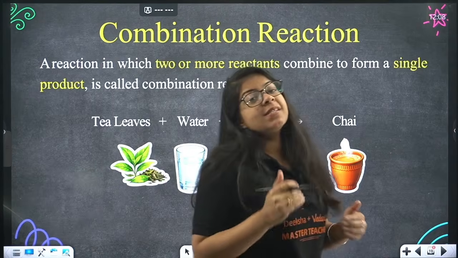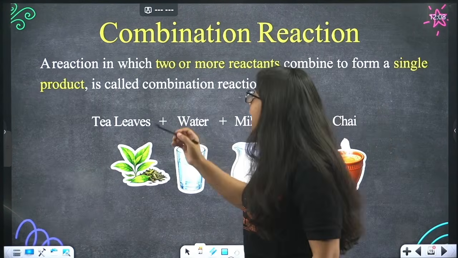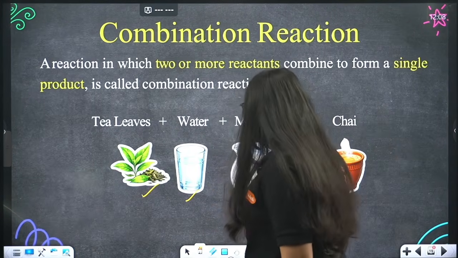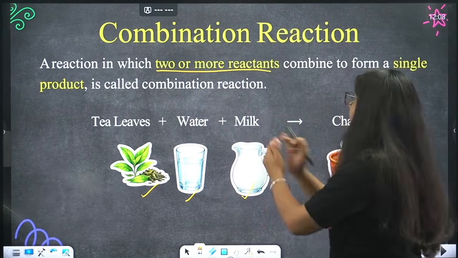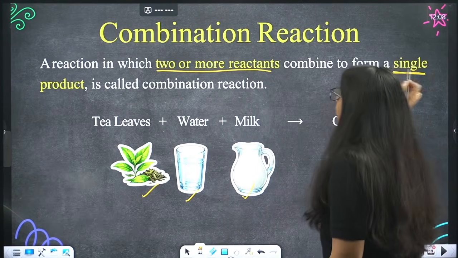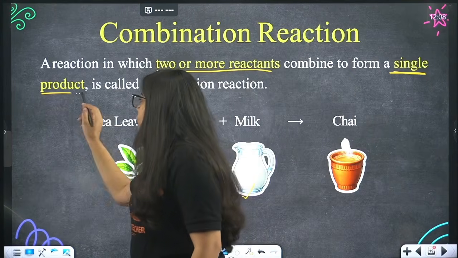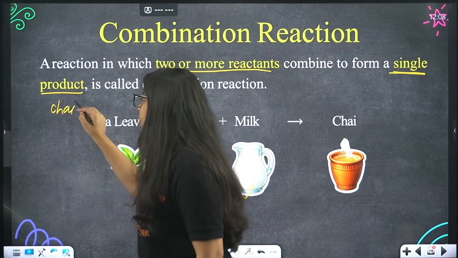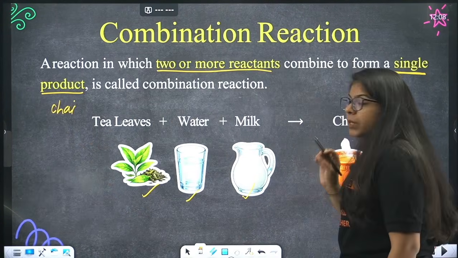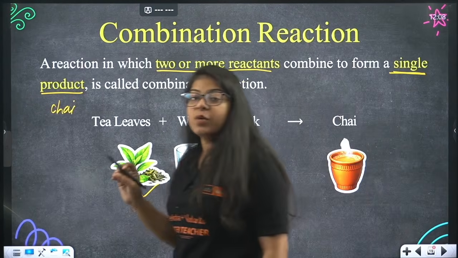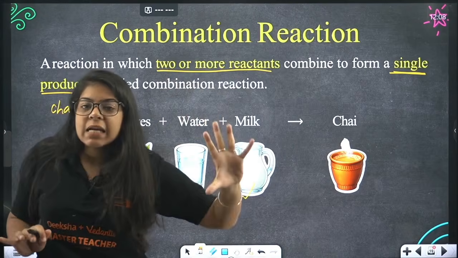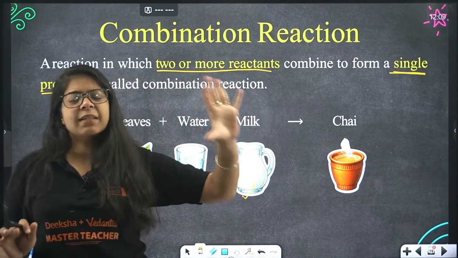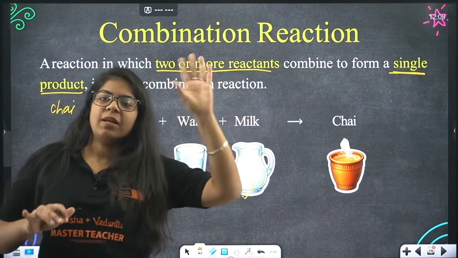So what is the combination reaction? A reaction in which 2 or more reactants combine together to form a single product, that is your chai. A single product is called combination reaction. That means our reactants are combining to form a single product. Simply, that is your combination reaction.